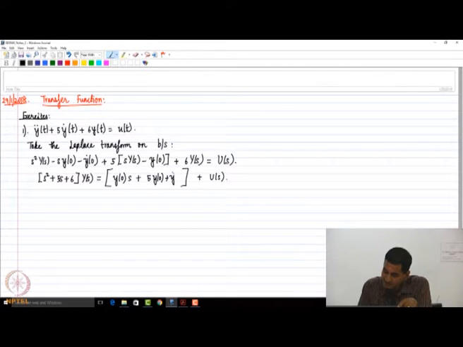Is that correct? That's what we are going to get on the right hand side. So this will be the initial condition part and this will be the input term.